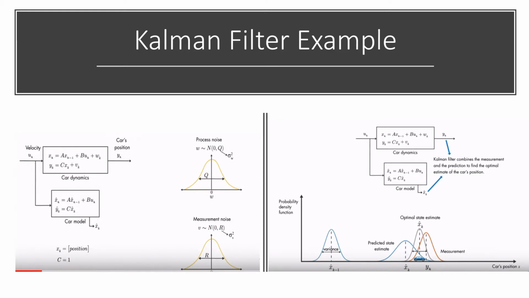This is formed by multiplying the prediction and the measurement probability density functions together and finding the mean of the resulting probability density function, which we can see from the graphs here on the right hand side.